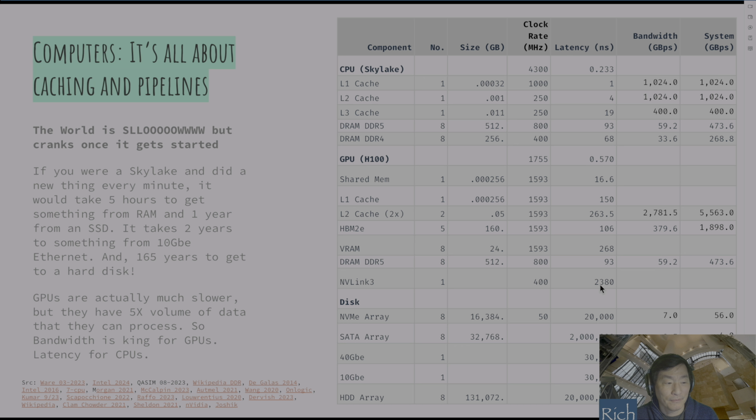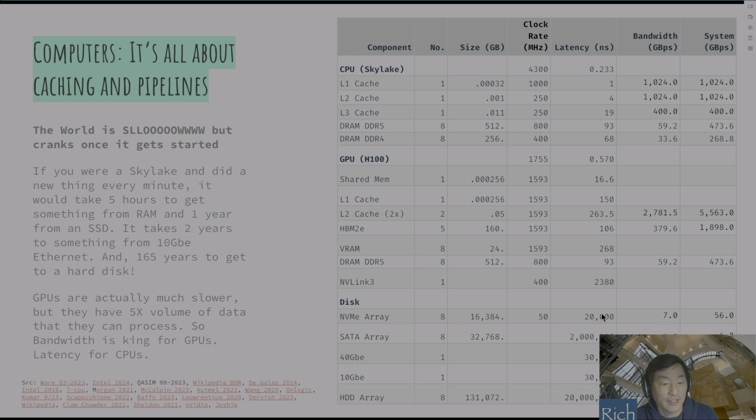Now, I say all that, but if you're all the way out on disk, things get really worse. So NVMe, which is a kind of SSD, you can store 16 terabytes, which is quite a lot, but it takes about 20 microseconds to access. Just think about that, 20 microseconds versus 0.223.